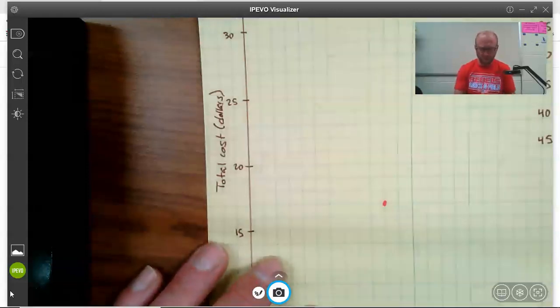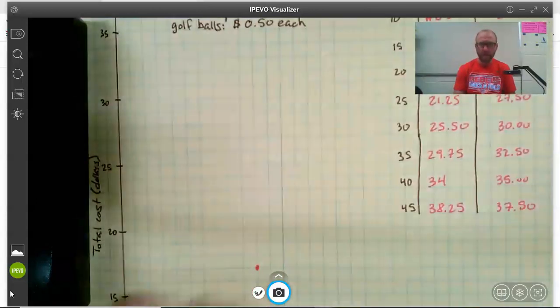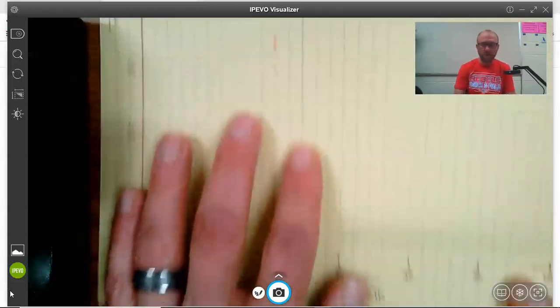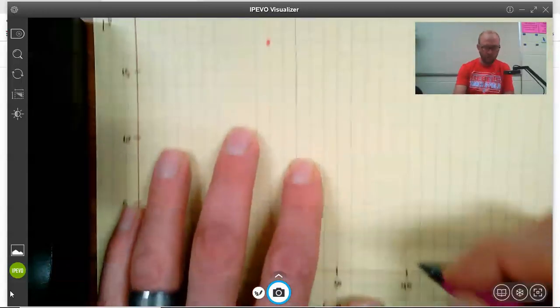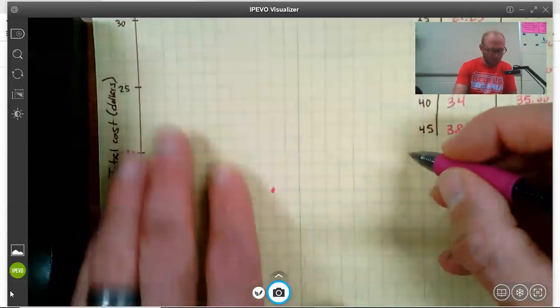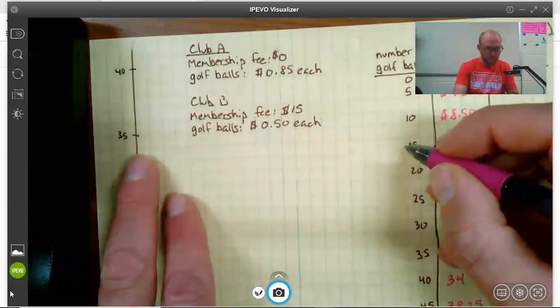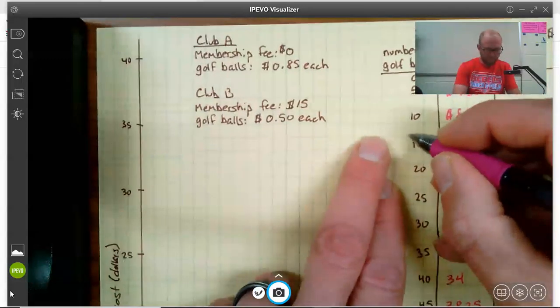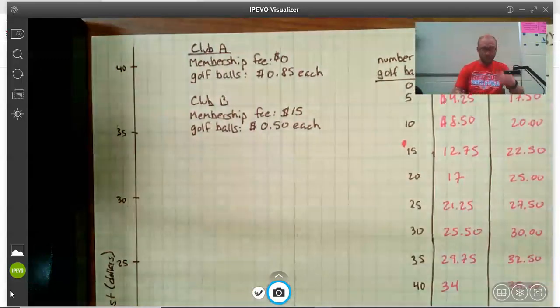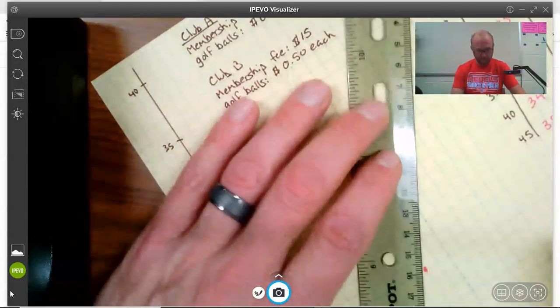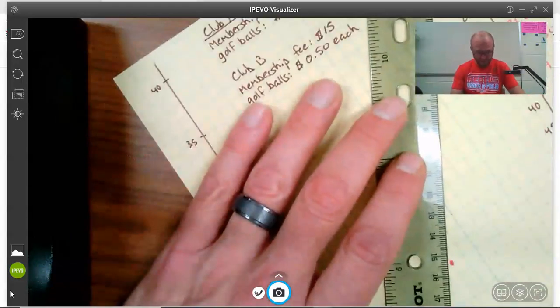Then I had the number 40, where is it on our table here? 40 golf balls and $34. So I'm going down here to 40 golf balls and going all the way up to 30, and there's 34 right there. Okay. My table and my graph are going to run together a little bit. That line goes through the origin because it's 0, 0, by the way.